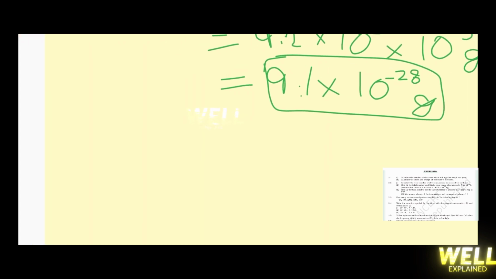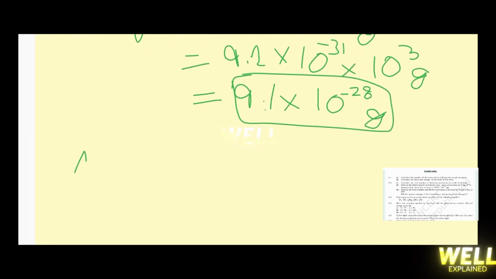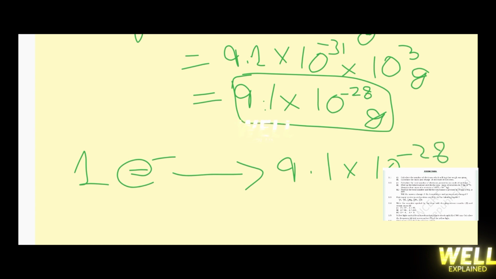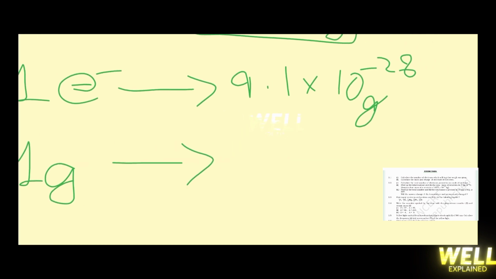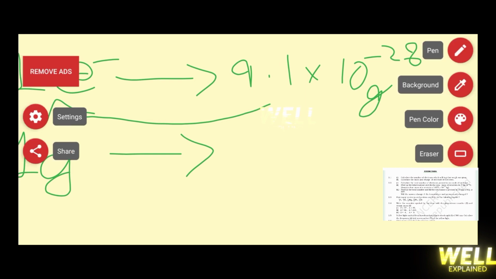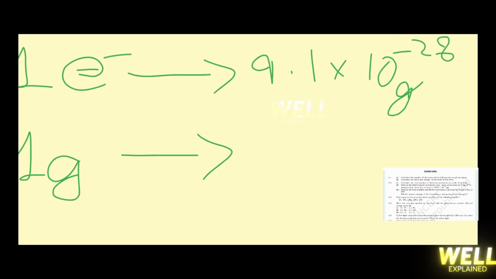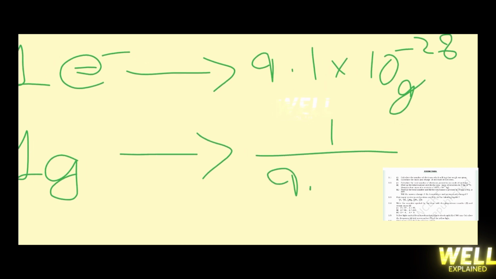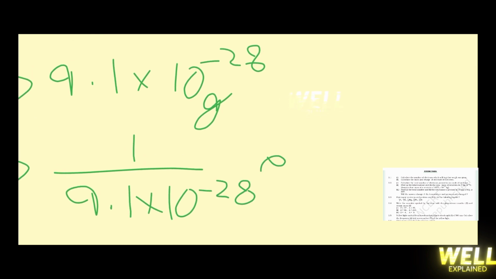So now for 1 gram, I'm using the unitary method so that you can understand it well. 1 electron weighs 9.1 into 10 to the power minus 28 gram. So for 1 gram, I will transpose it, it will go in division. So 1 gram has 1 upon 9.1 into 10 to the power minus 28 electrons.